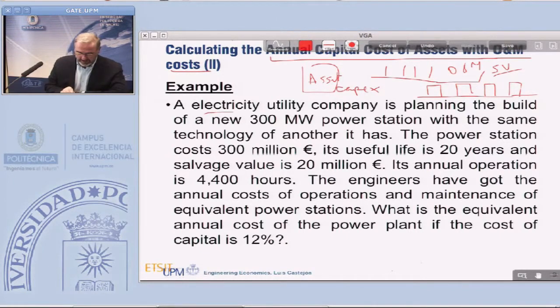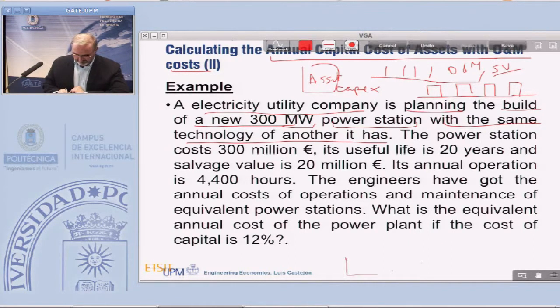We work in an electricity utility company, and our company asked us to calculate certain investment numbers, because they are planning to build a new 300 megawatts power station with the same technology as another one it has.